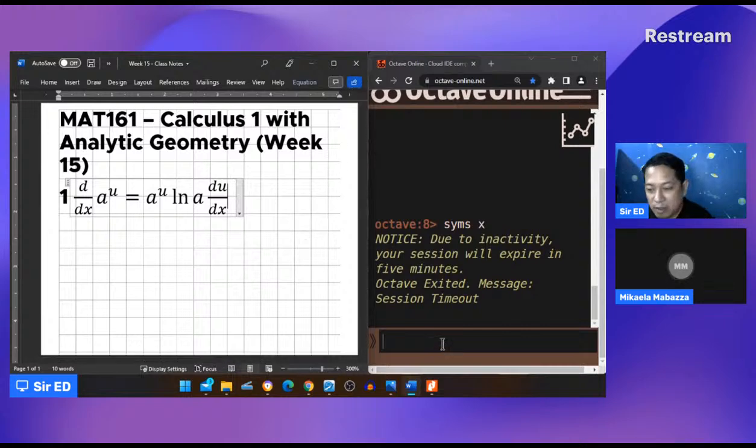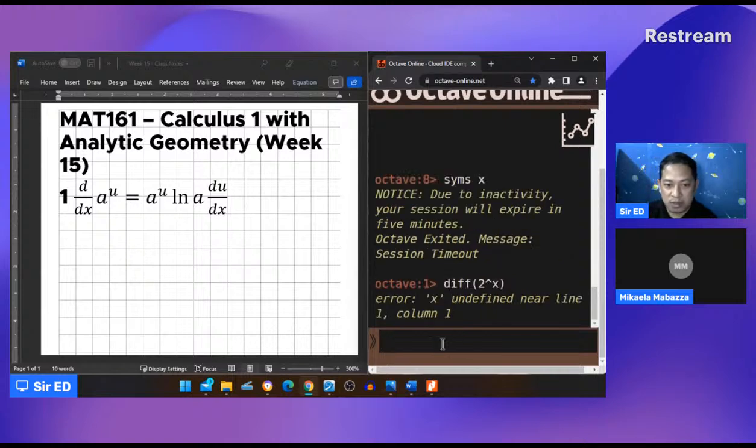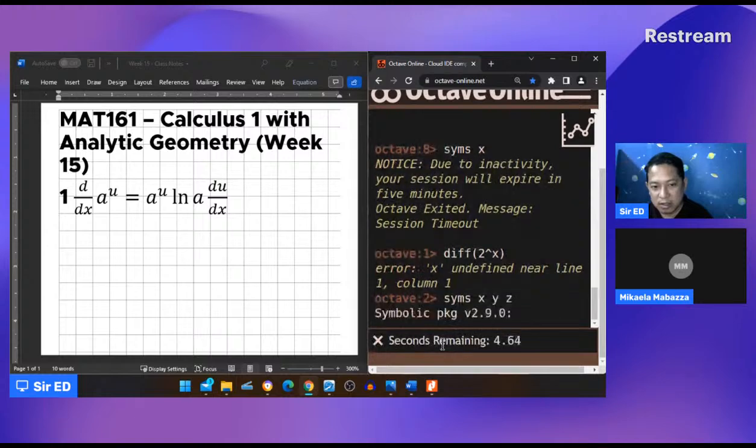Okay, so far I'm also having my Octave here. So we could take diff of, say, a as any constant, such as, for instance, 2 raised to x. Diff of 2 raised to x is undefined. Why? I probably need to declare the symbols x, y, and z again.